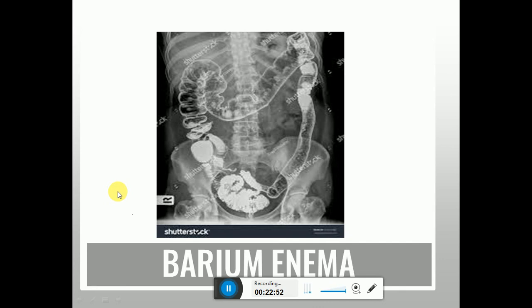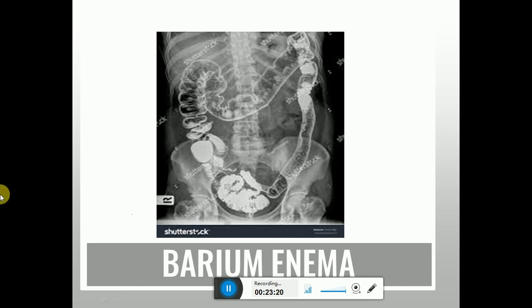Now we are moving on to the next, barium enema. In this, 2 liters of barium sulfate is given through the anus. What do we see?